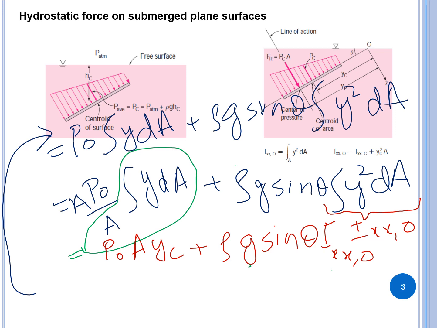Now the second moment of area about the origin is related with the second moment of area about the centroid using the following relation.